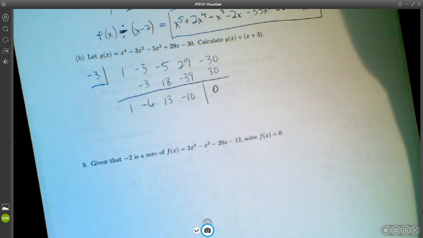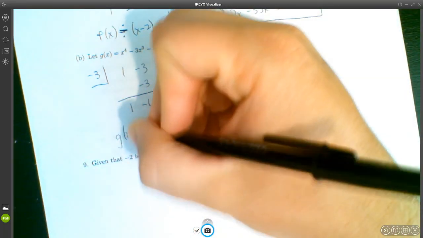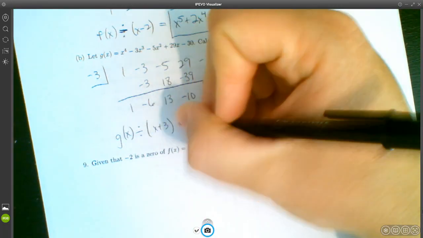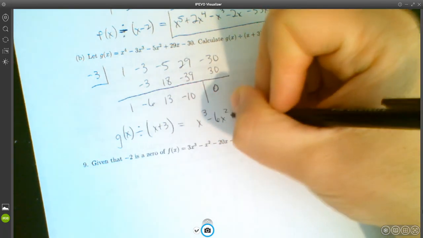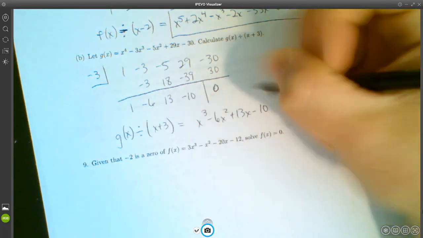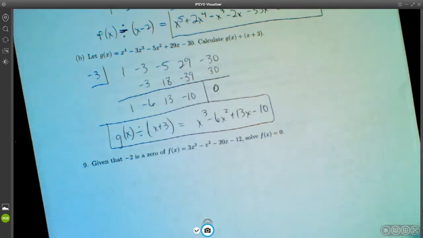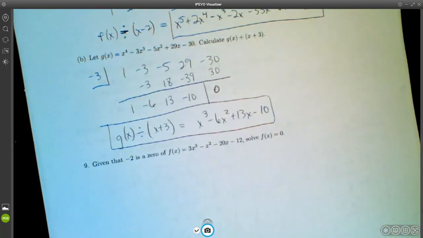You get a remainder of 0. So you get x cubed minus 6x squared plus 13x minus 10. And that's it. Okay, so there's synthetic division. Let me give you one last example.